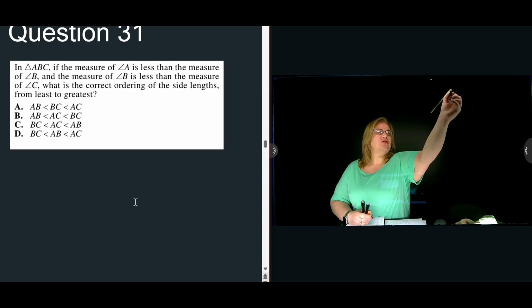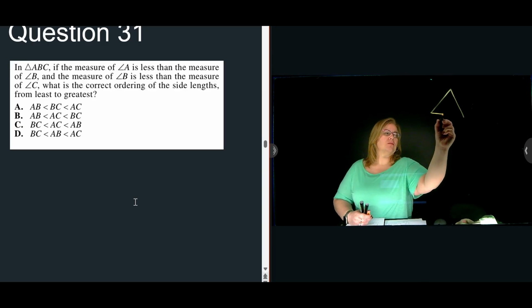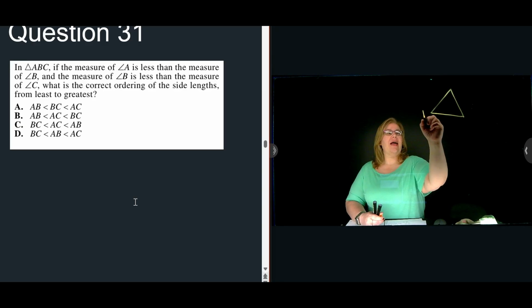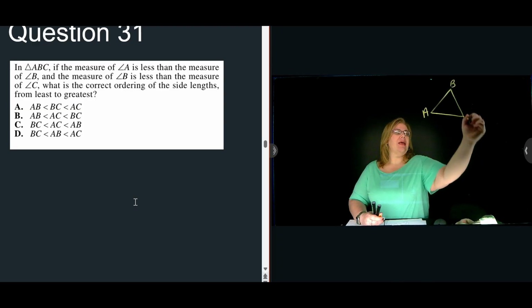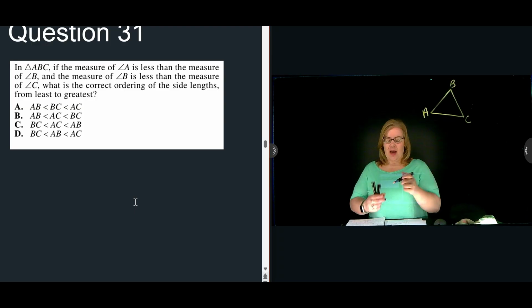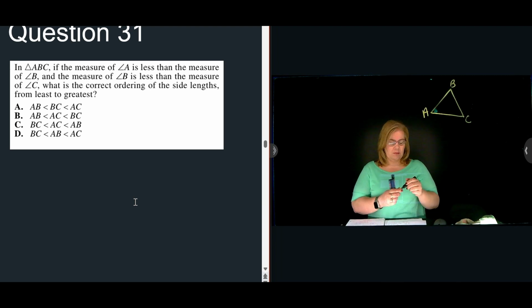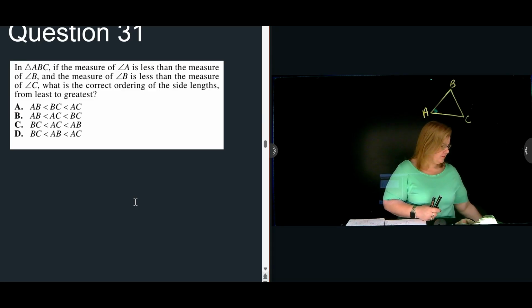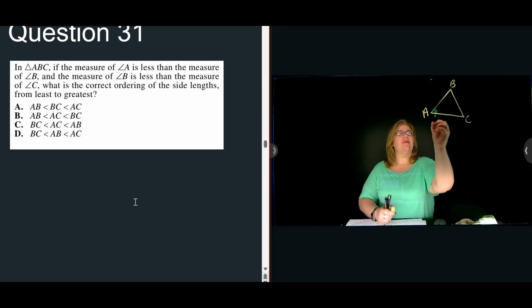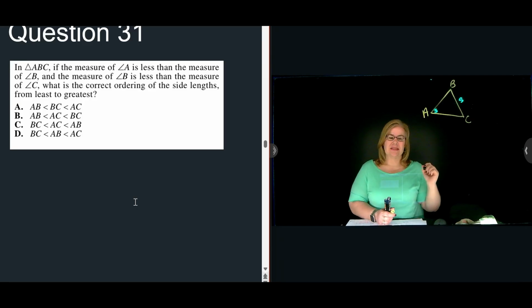So if I have this triangle, and I have A, B, and C, and just for argument's sake, let's say this is the smallest angle. Let me get a better marker. If this is the smallest angle, this is the smallest side.